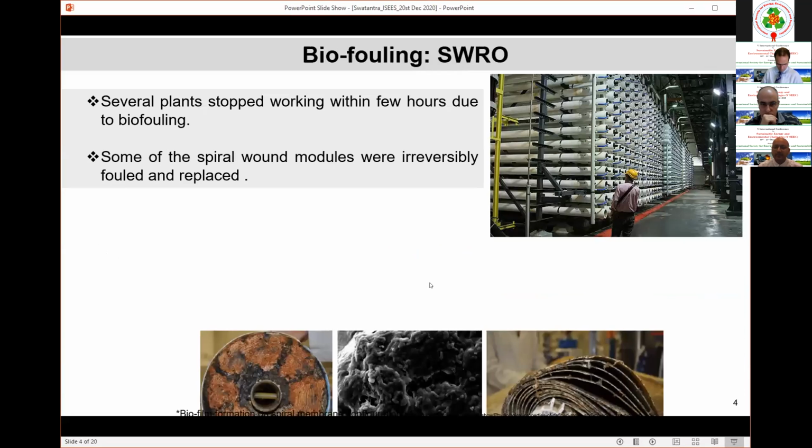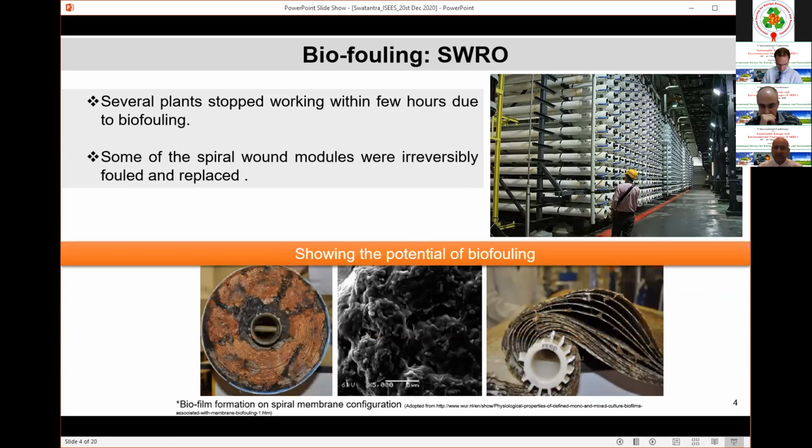There are examples reported where within a few hours things went bad. When I was a postdoc in Israel, we visited one of the plants, and while talking about the plant, one of the engineers told us that a few years before, within a few hours, half of one of the desalination plants in Israel was stopped because of biofouling.